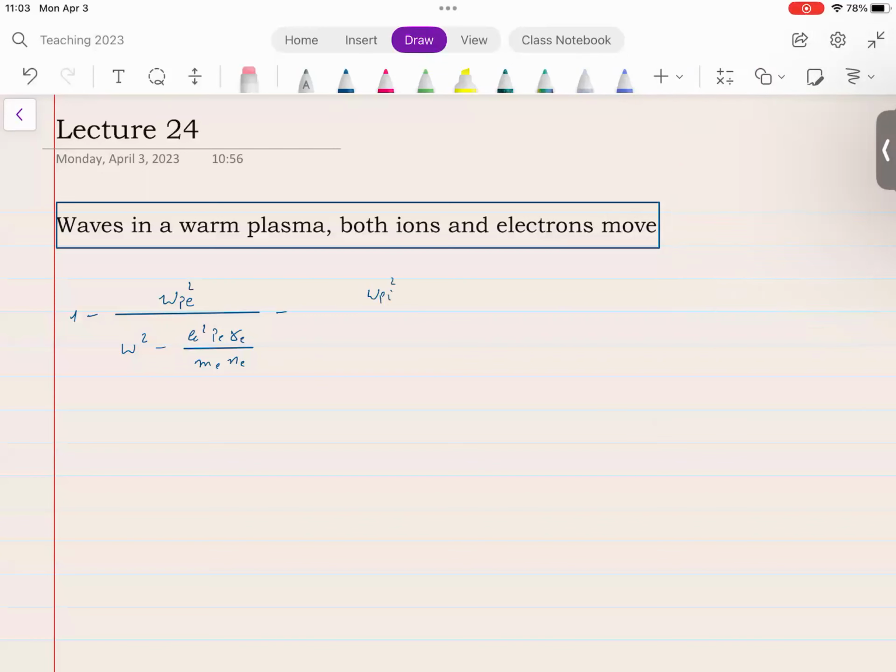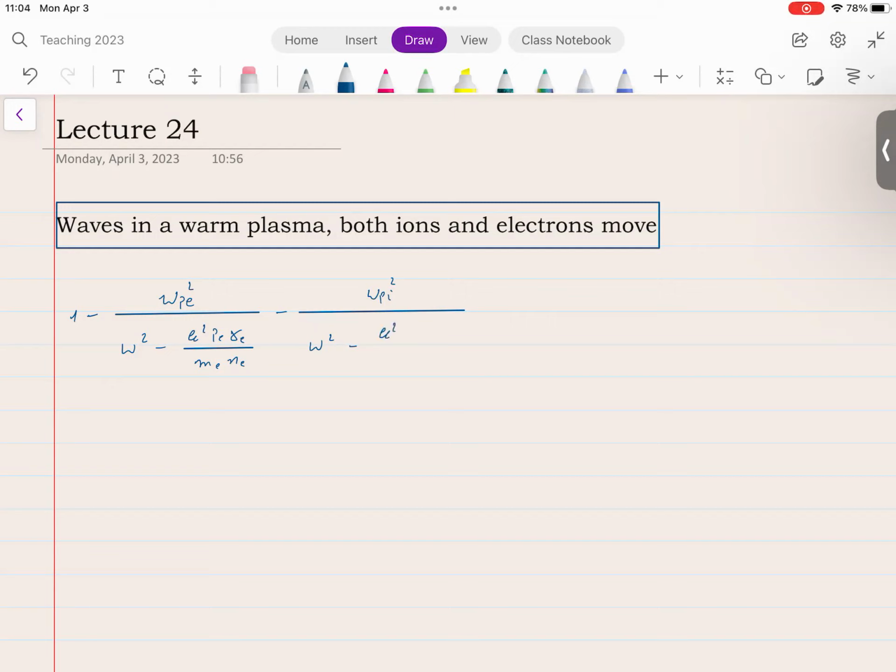We have in the numerator the plasma frequency for the corresponding species. Remember, omega plasma ions is much smaller than omega plasma electrons because of the mass dependence in the denominator, or square root of the mass, if you look at the omega plasma and not at its square.